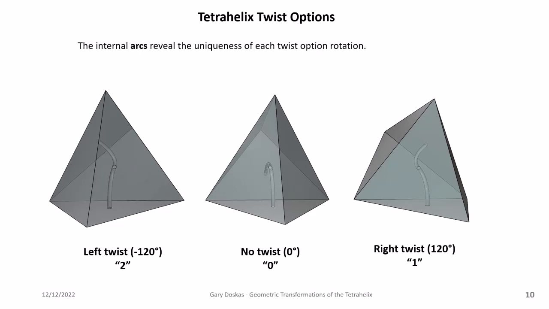Now, just to give a bit of a visual, these are the three different twist options between any two elements. And I've included the internal arcs to more clearly show the actual structure that's not really visible using the tetrahedrons themselves. So I define this tetrahedral arc.